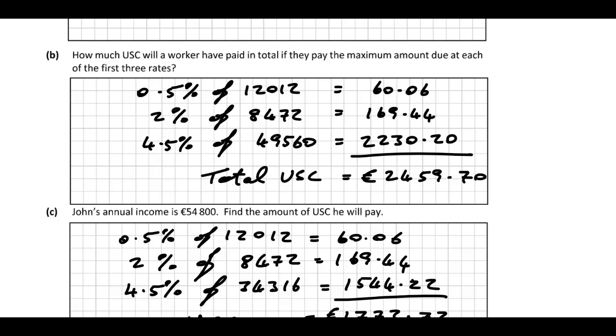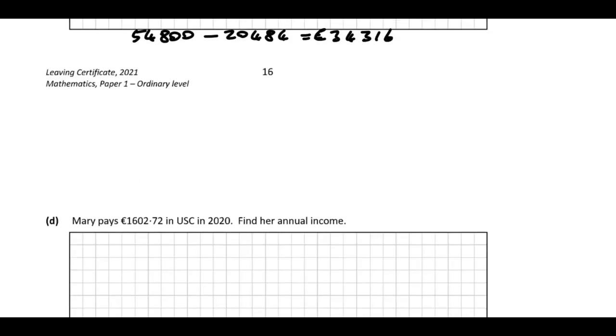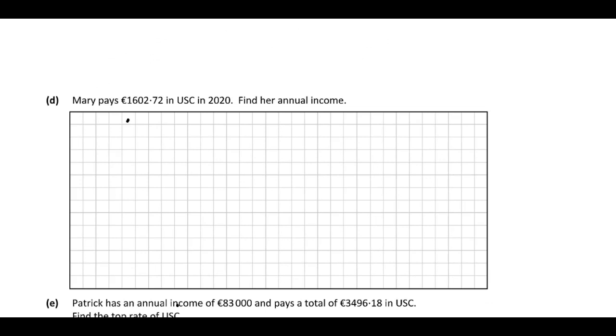So we're going to take 60.06 and add 169.44. If you add those two, you get 229.50. So that's what she's going to pay at the first two rates.